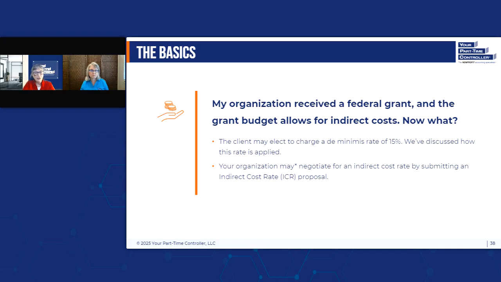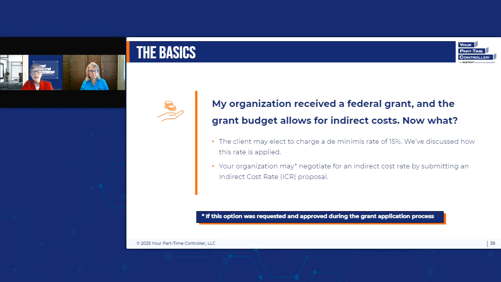If you do apply for a NICRA and the agency accepts that request, you must do so within 90 days of receiving your first federal award. We'll talk shortly about how and where to submit the proposal. And again, we have to emphasize that you need to be sure you bring up the option of indirect costs as you're going through your budget and proposal process.